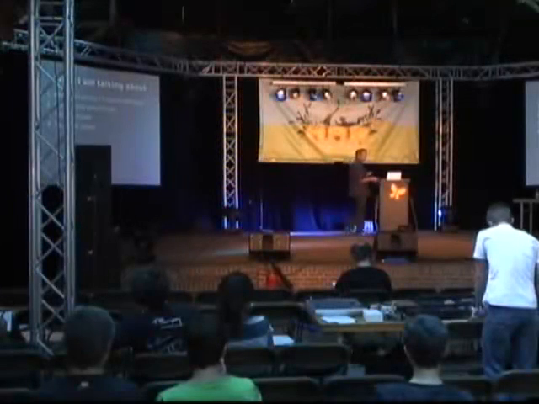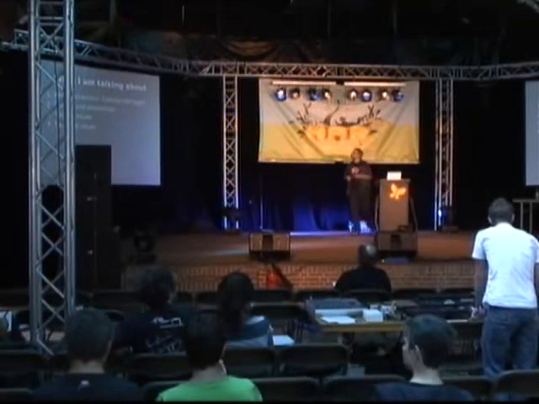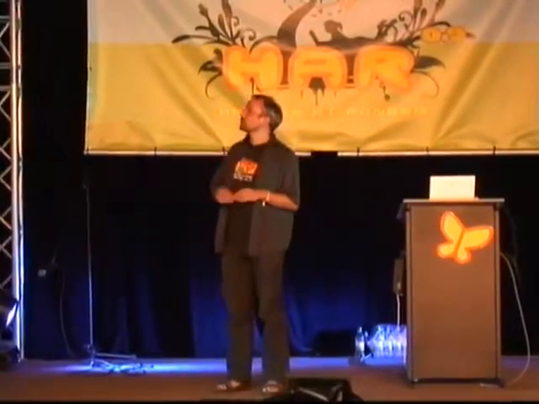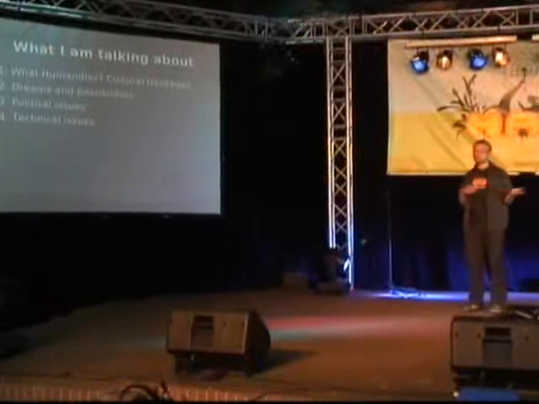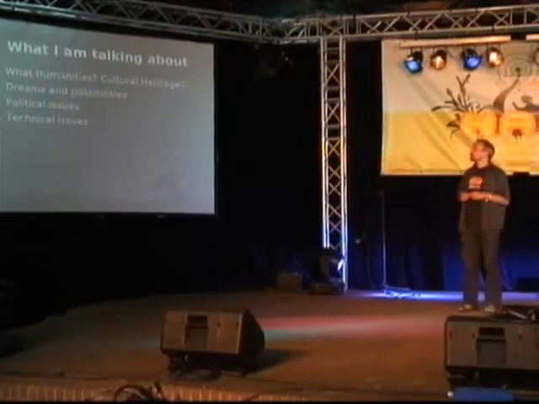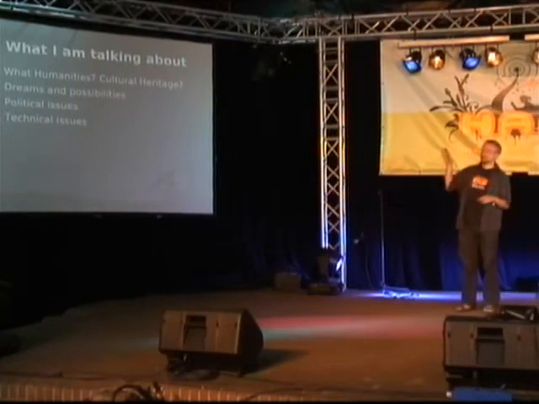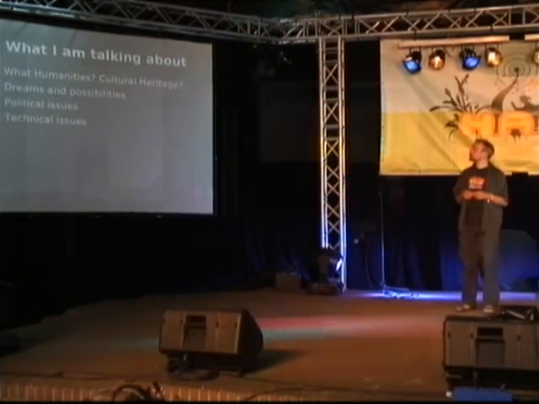So I'm going to first say what I mean with humanities and cultural heritage, then briefly show the dreams and possibilities that are there with the new technologies, the internet and other stuff, and then briefly focus on some of the, so to say, political issues around copyright, owner's right, and access to the sources and the open access movement.